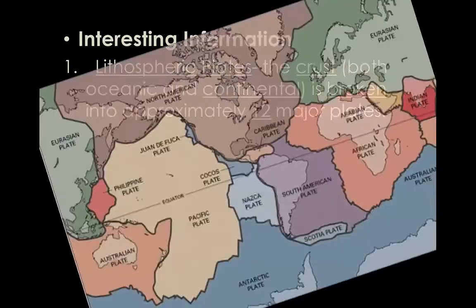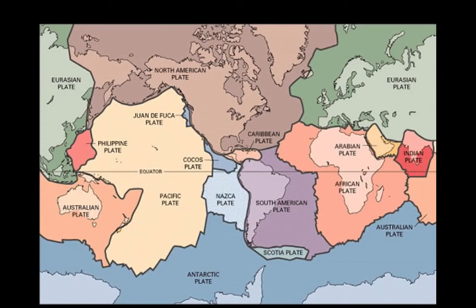Basically, they're main sections of the Earth's crust. If you look at this diagram, they're represented in different colors, and you might take a minute to study this and notice how it aligns with the edge of some of our continents, or aligns with other features of the Earth that you might recognize.